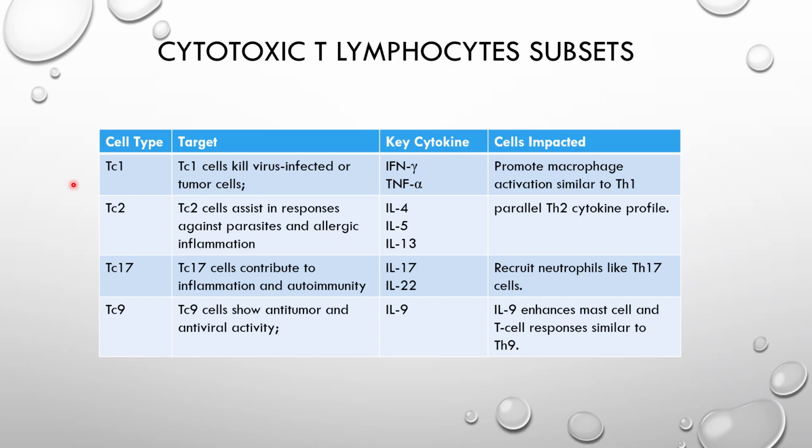For example, the stem cell memory T cells, the central memory T cells, the effector T cells, effector memory T cells, etc. And then there are these subsets, and these subsets are specialized, if you like, to carry out a specific kind of response depending upon the target that we're looking at.